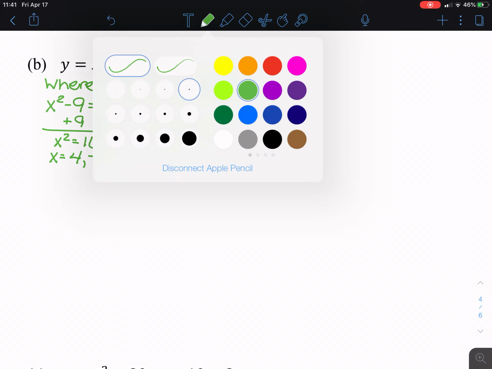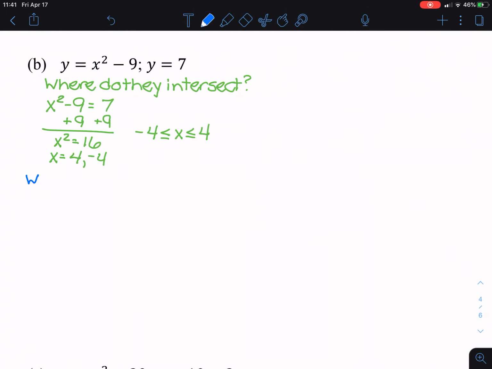Now that I figured that out, I've got to ask myself again, which is greater? I can't use my left endpoint and my right endpoint because at those two points, those functions are exactly equal to each other. So that's not going to tell me anything. So I'm going to pick a number that's between negative 4 and 4. The one that I'll pick is x equals 0, because 0 is always nice and easy to work with.